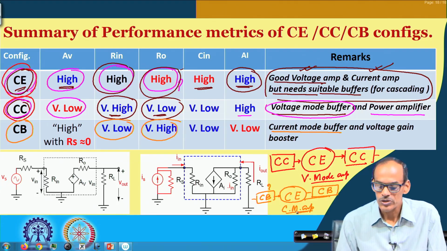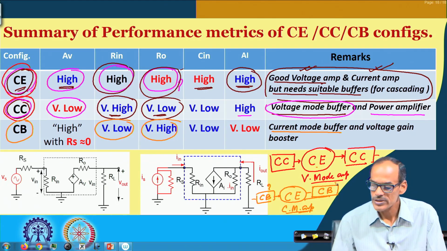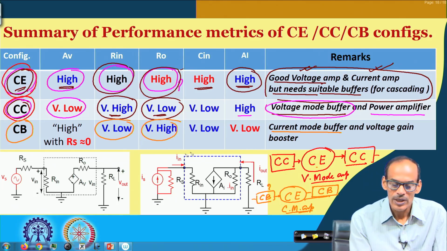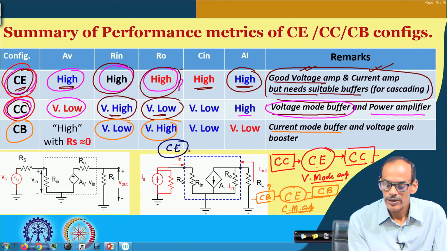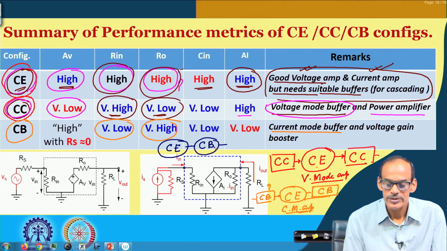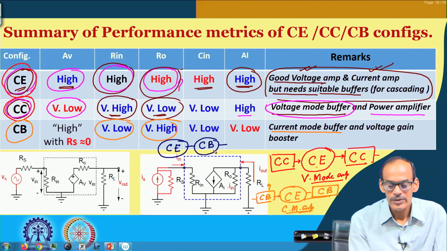In fact, we will also see that if you put the CE and CB stage together, that is another configuration. Let me use violet color. So, if you consider the CE stage followed by CB stage, interestingly the CB stage is not only working as a buffer, but in fact by this we can enhance the gain.